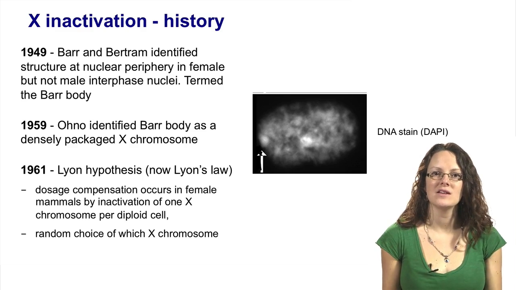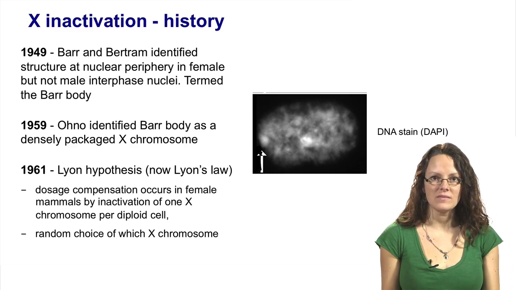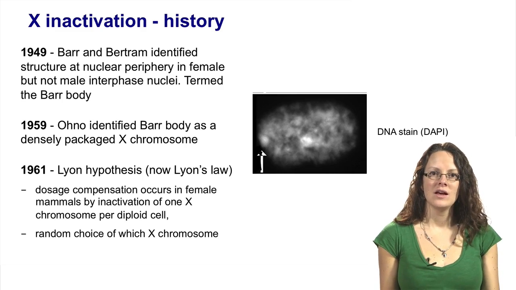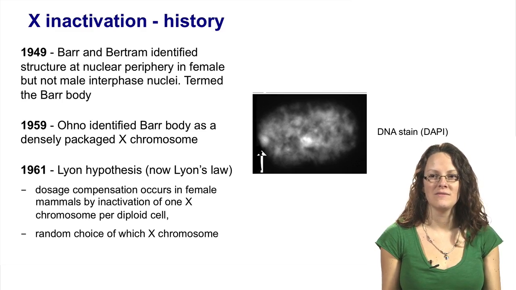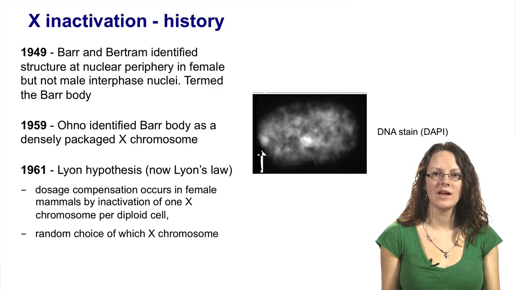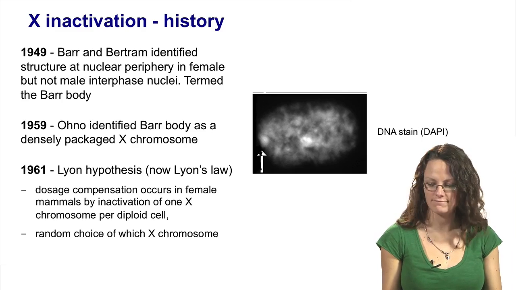So we'll think about this again in a couple of slides' time and go through each of these features that Mary Lyon proposed. But it's nice to note that 50 years after Mary Lyon first made her hypothesis, Lyon's hypothesis was changed to Lyon's law. So now this is taken as law, that this is indeed what happens in the mammalian cell.